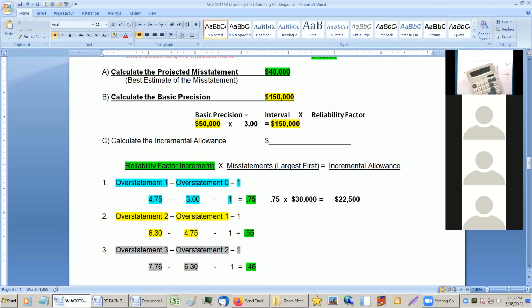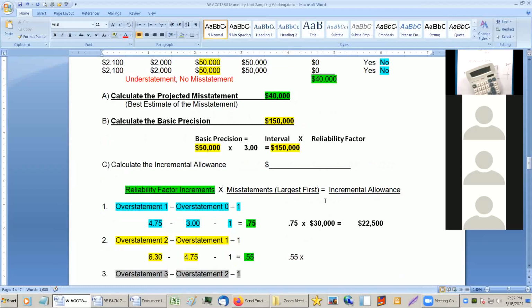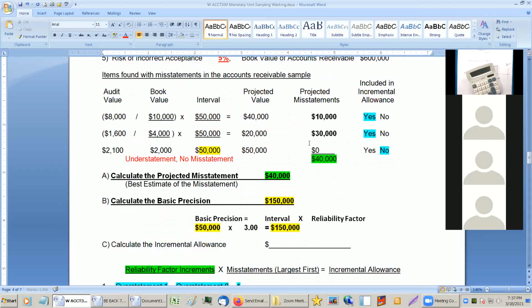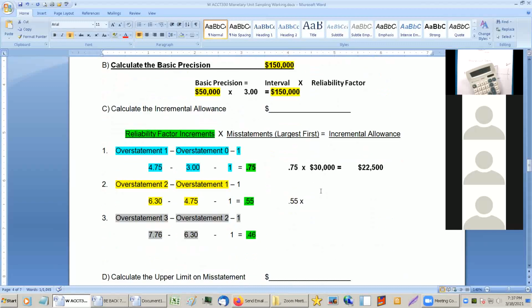Coming down here, the next biggest one, 1.55 times 10,000, and that's the last one. Actually, we're not going to have a third one because this is I was misstated. This would be 10,000. $15,500. Yep.